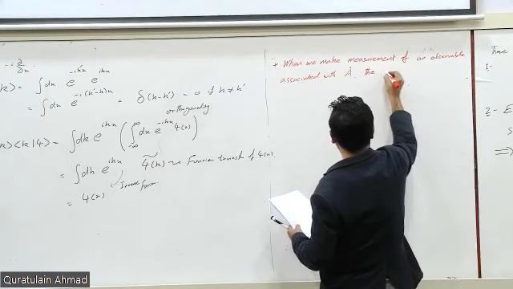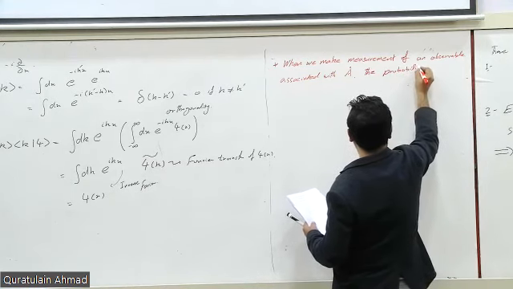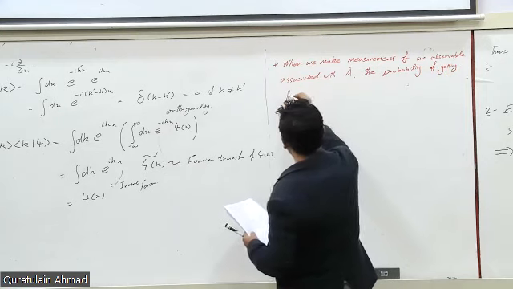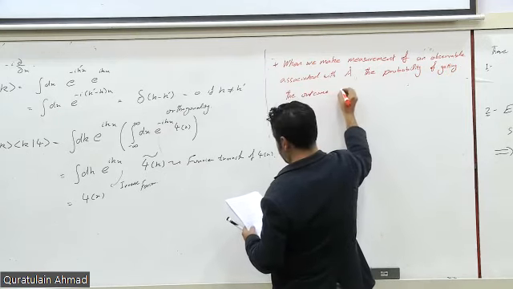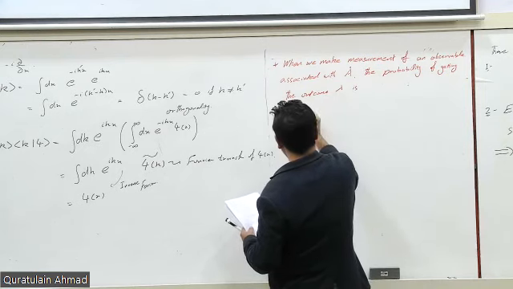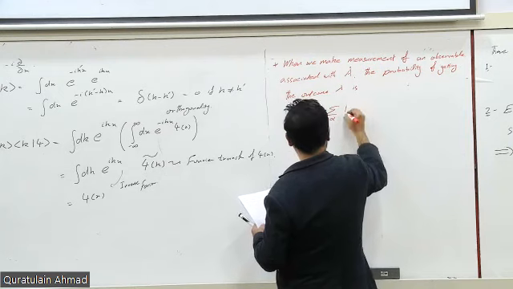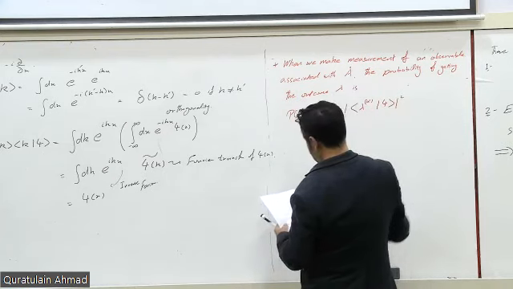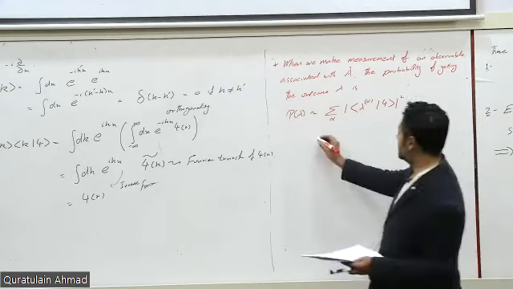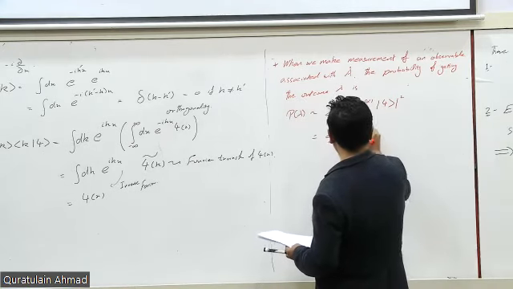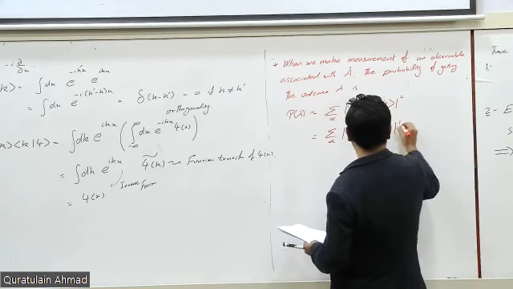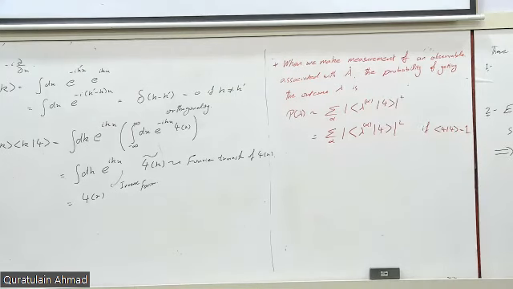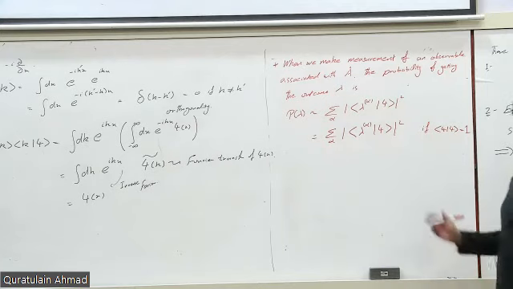The probability, so this is the physical connection, of getting the outcome lambda is this, and I can put an equality over here if I assume that psi is normalized, which is always possible. Just scale it and normalize.